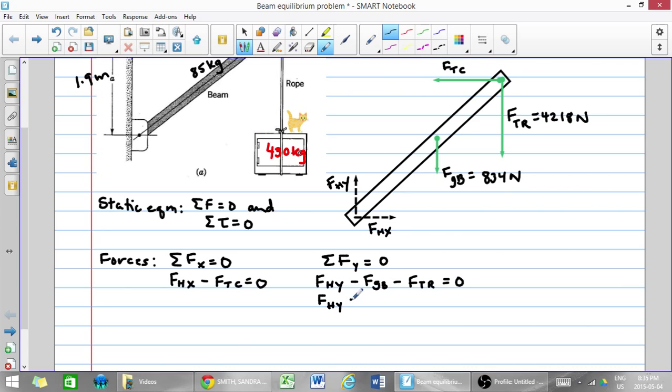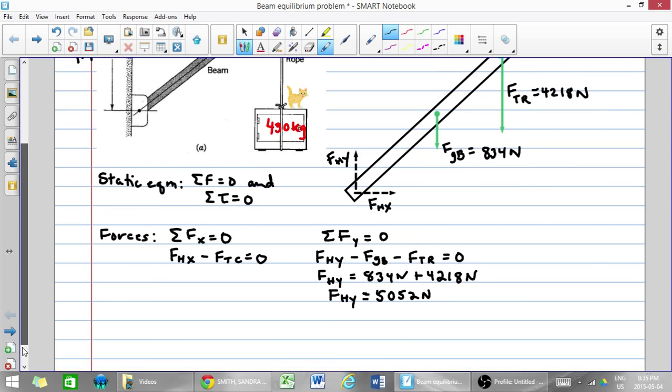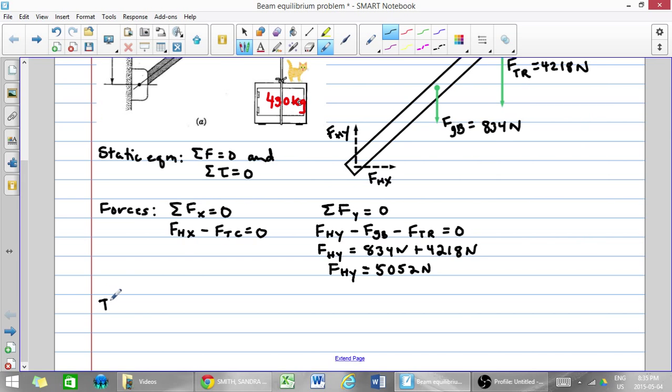So the hinge force is going to be 834 newtons plus 4,218 newtons, the y component of the hinge force, equals 5,052 newtons. All right, so that's as far as we can get for the forces. Now let's consider the torques.